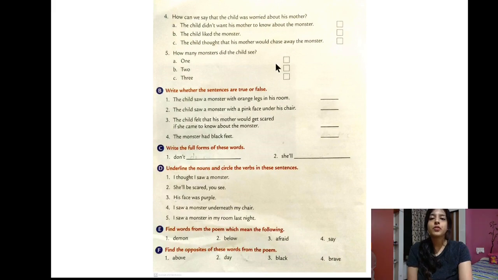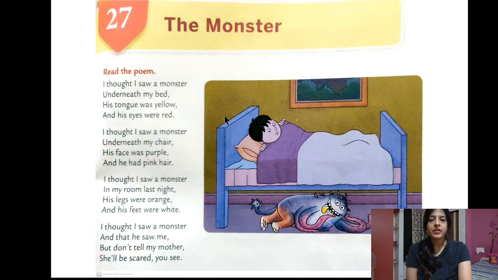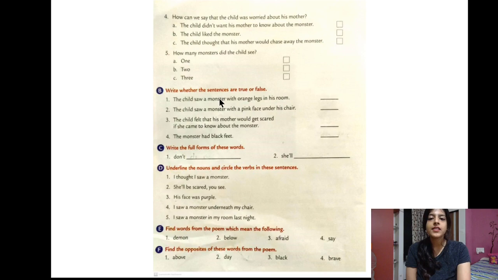I want you to solve the rest two on your own. Let's see if you can do it. Now, write whether the sentences are true or false. I am not going to tell you the answers. You have to go back to the poem, read it, and answer these questions.